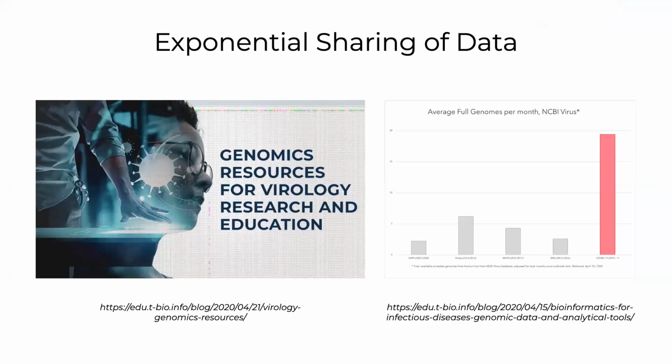What's unique about this specific outbreak is that it really has produced a tremendous amount of publicly available data that is shared almost in real time. So back in April, we did a little analysis of the number of full genomes present in the human host that is being published per month.